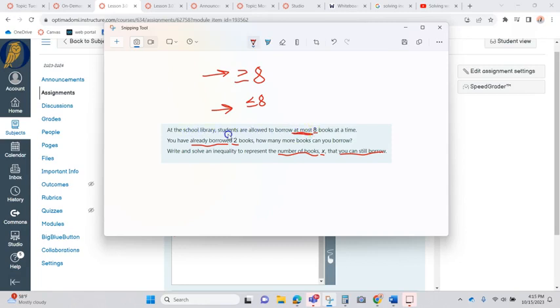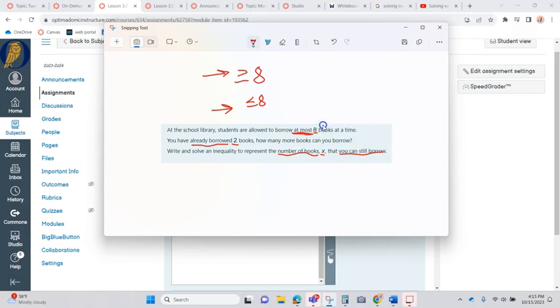Let's think about this story in more detail. If I am only allowed to borrow at most 8 books at a time, that means I can't borrow any more than 8. 8 is the most I could borrow. That is the largest amount of books that I could ever check out. Now I could check out 7 books, right?